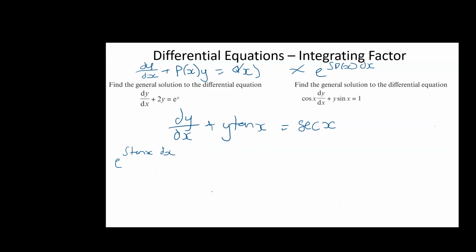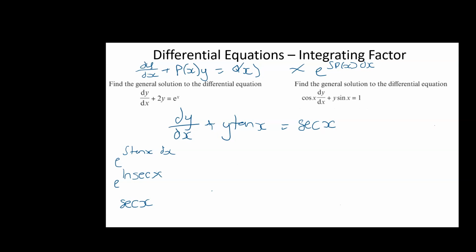And the integral of tan x is log of sec x, and the e and the log are going to cancel and just give us sec x. So now let's multiply everything through by the sec x, and we're going to get sec x dy by dx plus y tan x sec x equals sec squared x.